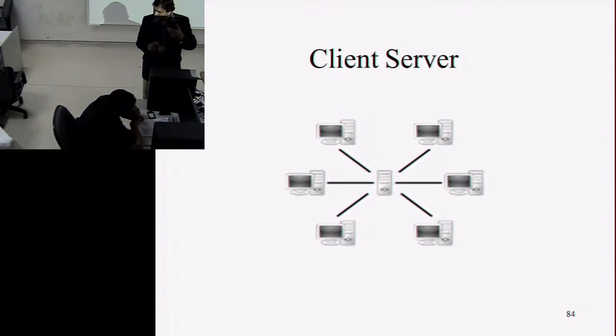And network traffic is also reduced, because at the client end you have some processing and at the server end you have another processing. Scripts were introduced like JavaScript, scripting languages, VBScript.